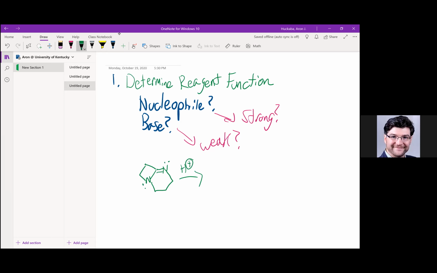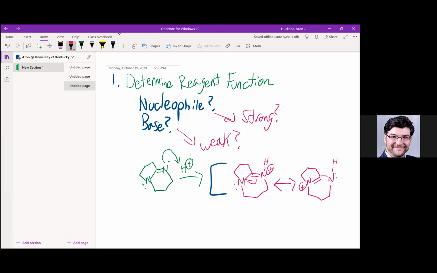It's very strong because when it accepts a proton, when it performs a proton transfer reaction, you have this type of structure, where there's a positive charge on the nitrogen, but that positive charge is stabilized by resonance onto the other nitrogen, to give you this nitrogen instead.